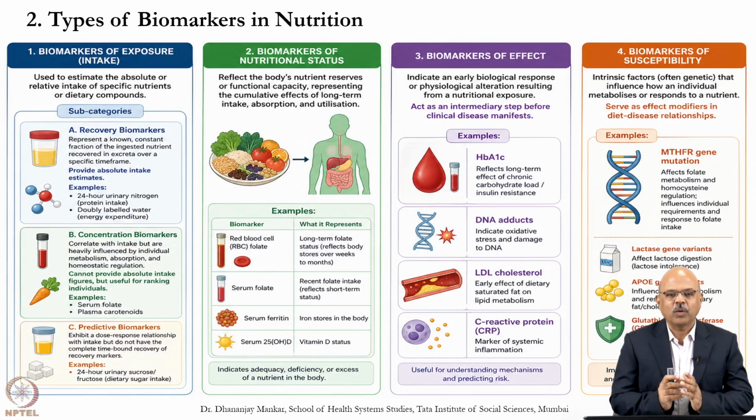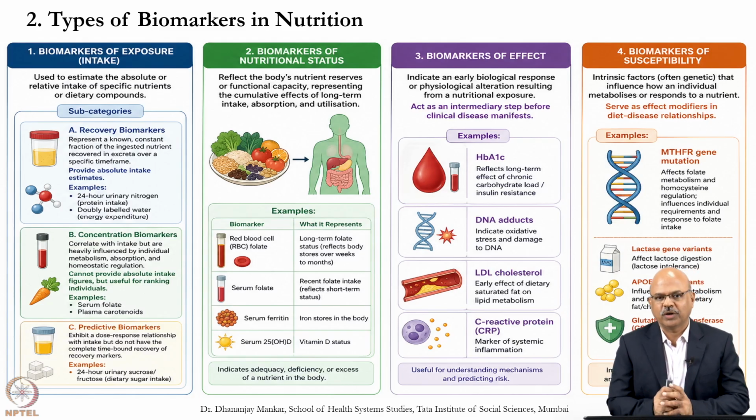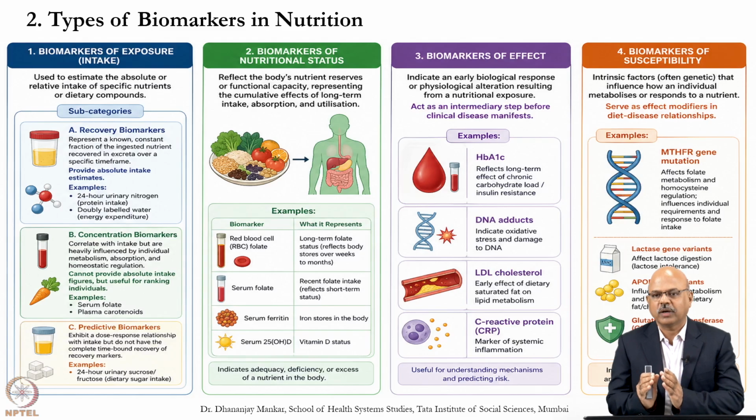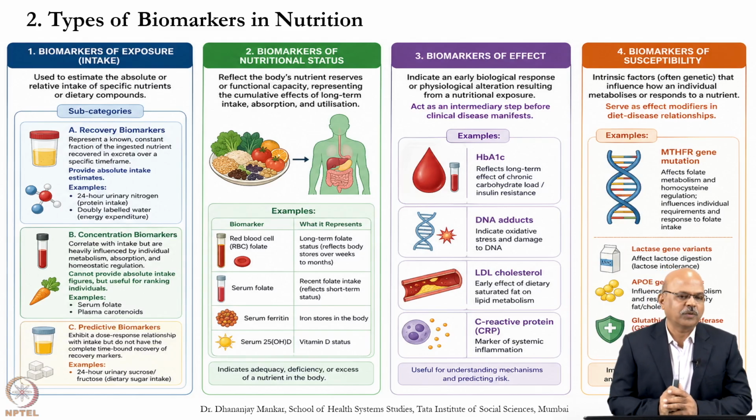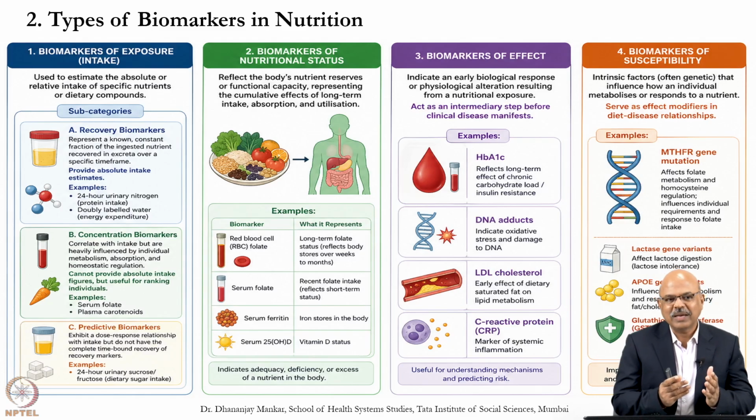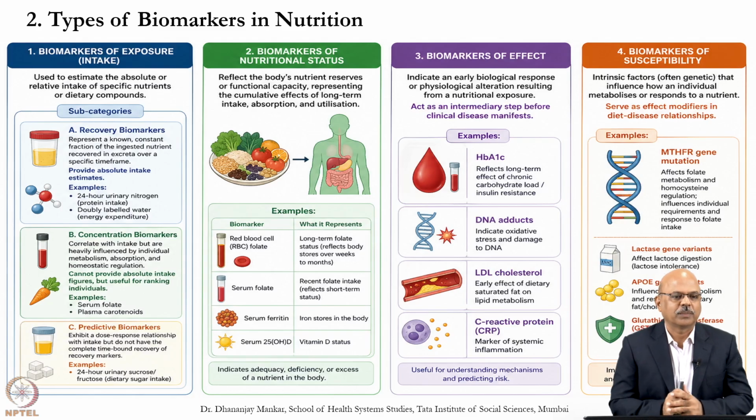What are the types of biomarkers in nutrition? Biomarkers of exposure or intake, biomarkers of nutritional status, biomarkers of effect and biomarkers of susceptibility. Biomarkers of exposure are used to estimate the absolute or relative intake of specific nutrients or dietary compounds.